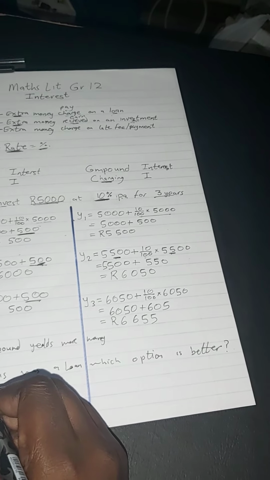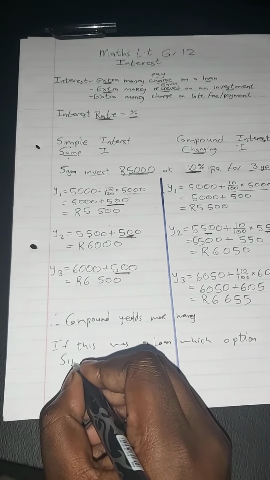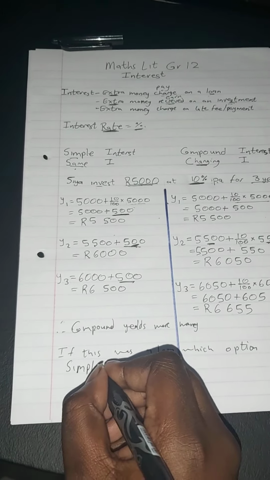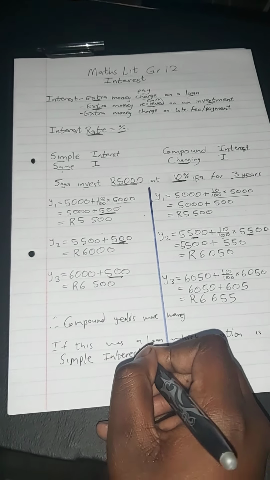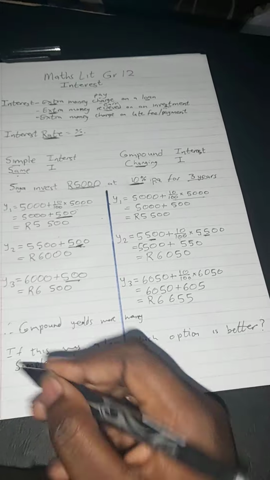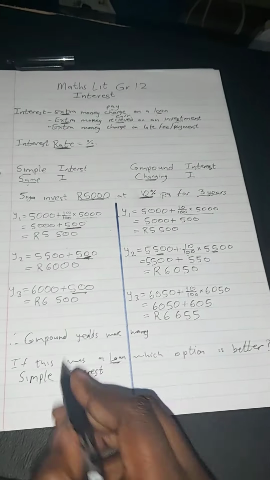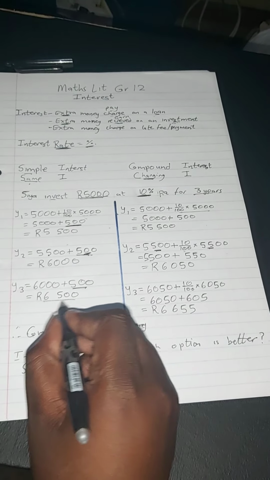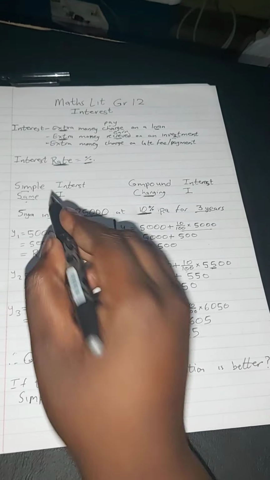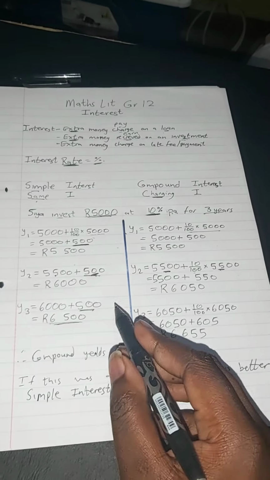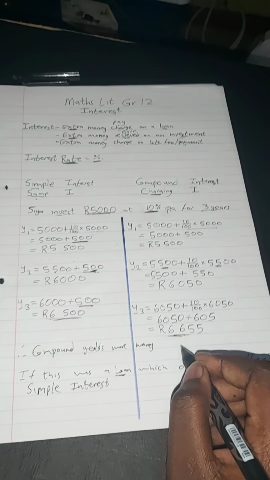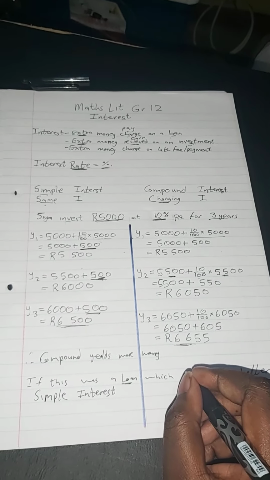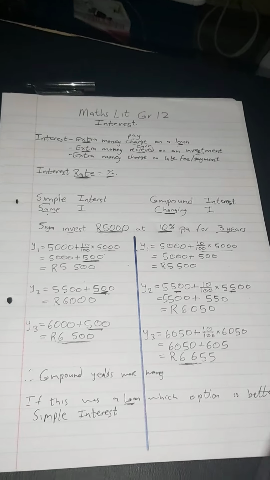It will definitely be simple interest. Why? Because in a loan, you have to pay. And when you pay, you want to pay a lesser amount. But now, because this is an investment, when you invest, you want to get a larger amount of money. All right. I hope that's clear.